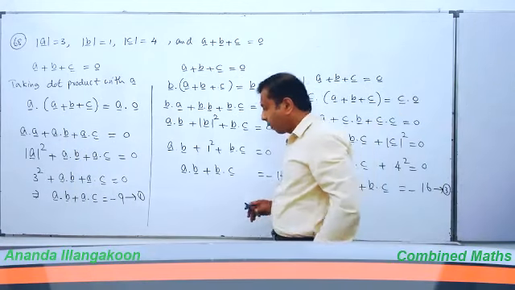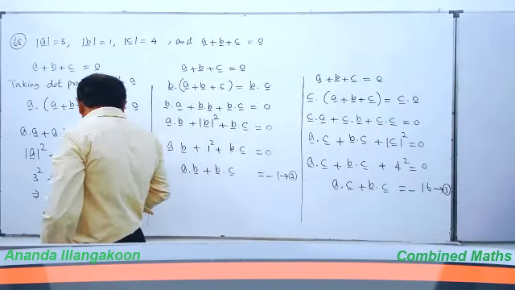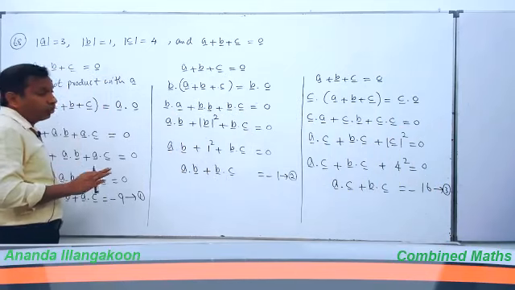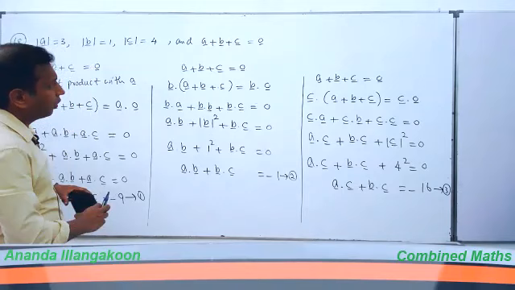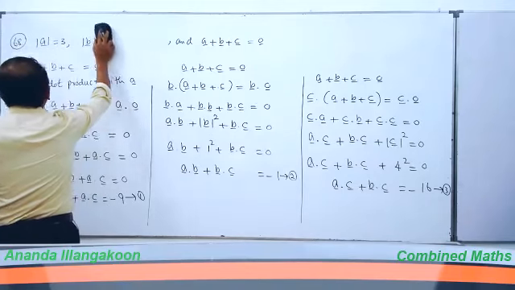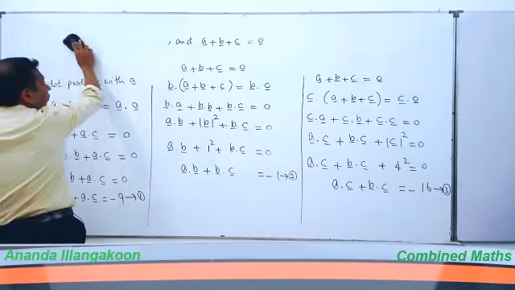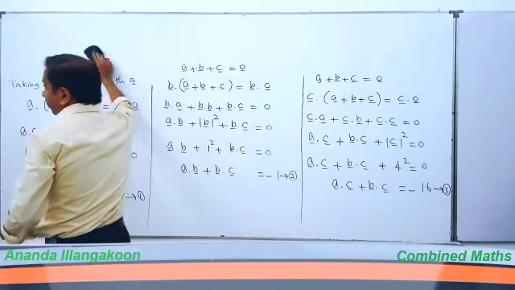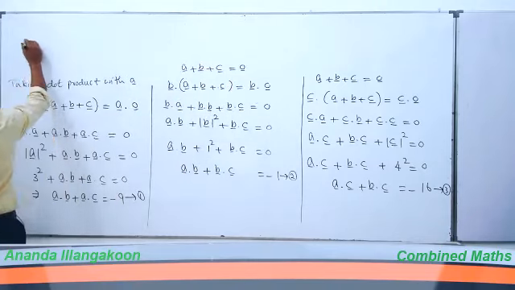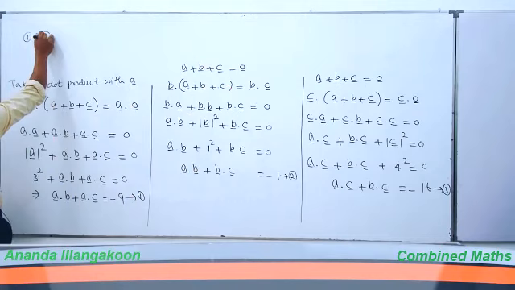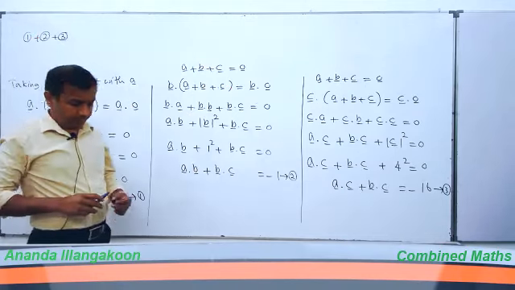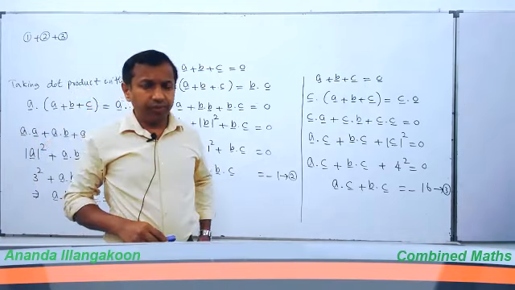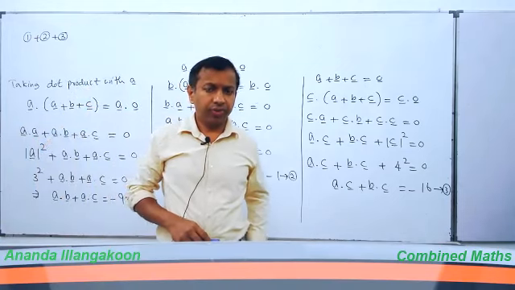Okay. Now, people, we add these 1, 2, and 3. How to add three equations? 1 plus 2 plus 3: the left hand side we add together, the right hand side we add together.